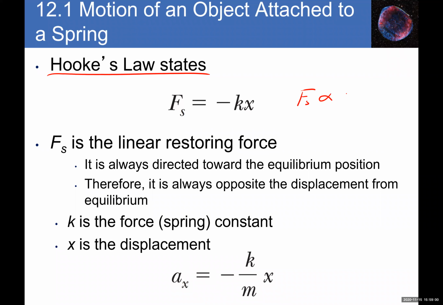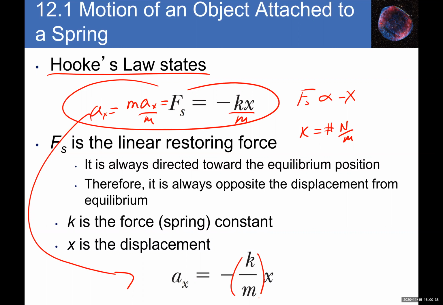We usually assume that the mass of the spring is too small compared to the mass of the block, so we can always ignore that. The m in this equation is pretty much only the mass of the block. In an actual experiment, we do take into account the mass of the spring. We usually say the total mass is the mass of the block plus 1/3 of the mass of the spring.